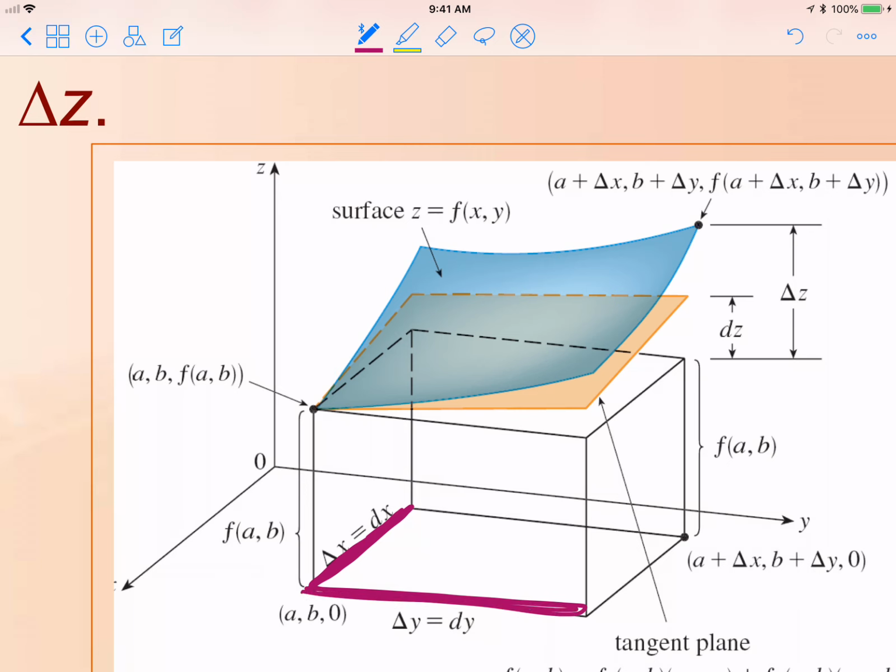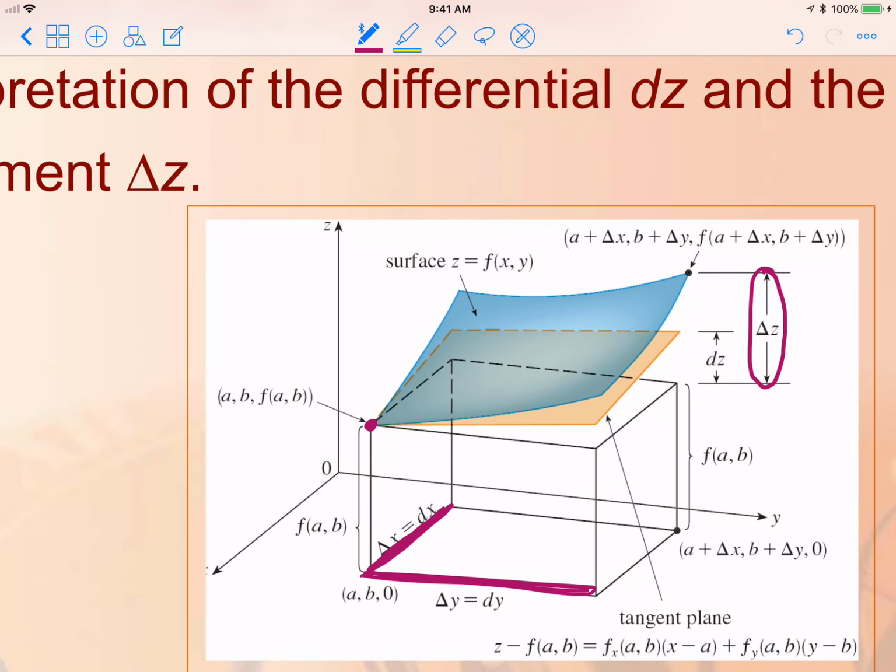Now, with linearization, your increment is the difference between the value of the function here and, what are we saying? Not the value of the function here.